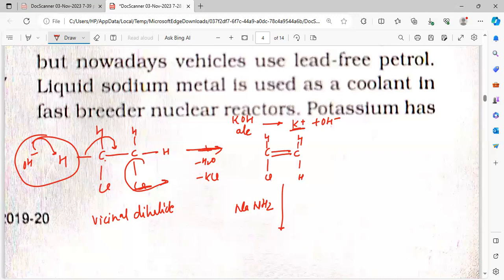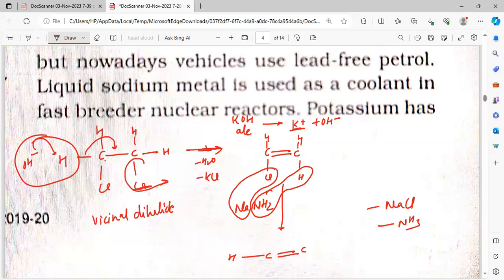The sodium goes out as NaCl, and NH2 and hydrogen go out as NH3. What is left is H-C double bond C-H. Since carbon valency is 4, we place the double bond. So this is the method of preparation of ethyne.